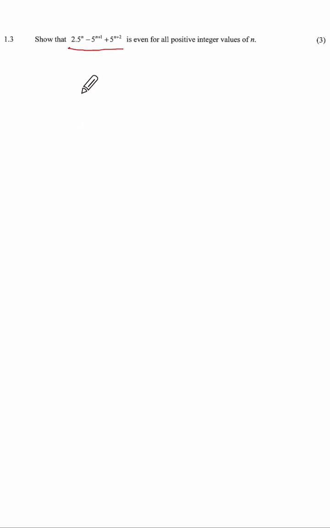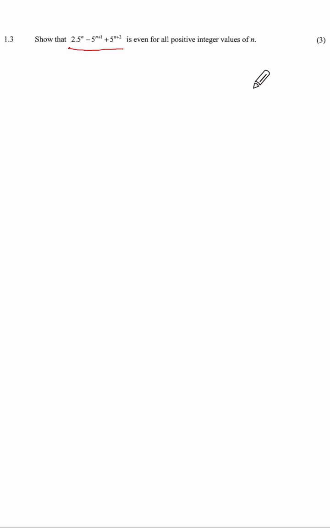it will be a product of an even number and something else, which we don't know what it is, but we know that any number multiplied by an even number, the result would be an even number.